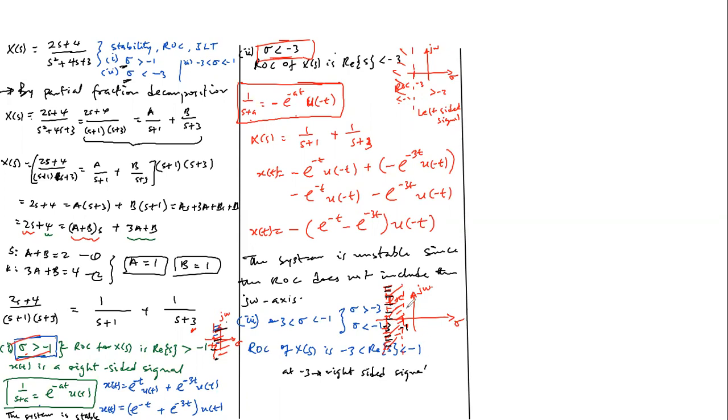Now, at minus 1, the region of convergence is less than minus 1, so it is left-sided.